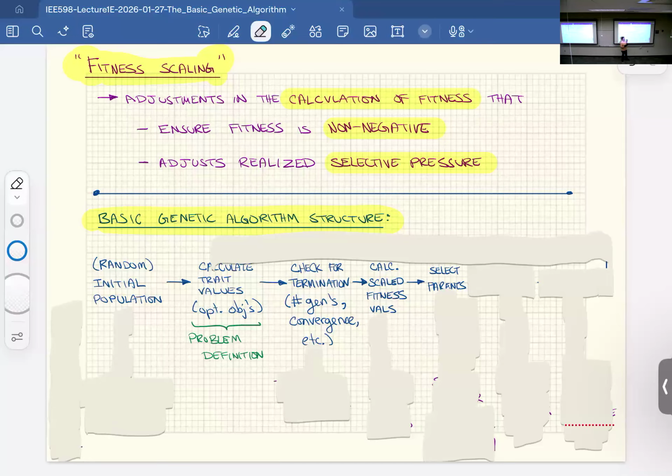We select parents. That's what that says. And the idea there is that I'm selecting high fitness individuals that will be the source of the newest generation. So I've got a generation of individuals. Some individuals have done very well.